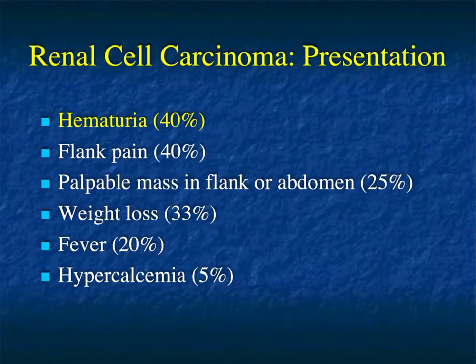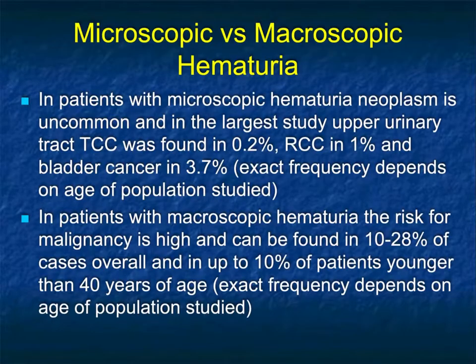Now, when you talk about bleeding, of course, we talk about tumors of the kidney. And I focus this talk on non-tumors because you've heard many talks about tumors. And we do create another series of talks on renal masses in this series as well. But I'll just at least touch on it to remind everybody, 40% of the presentations of renal cell carcinoma are with hematuria.